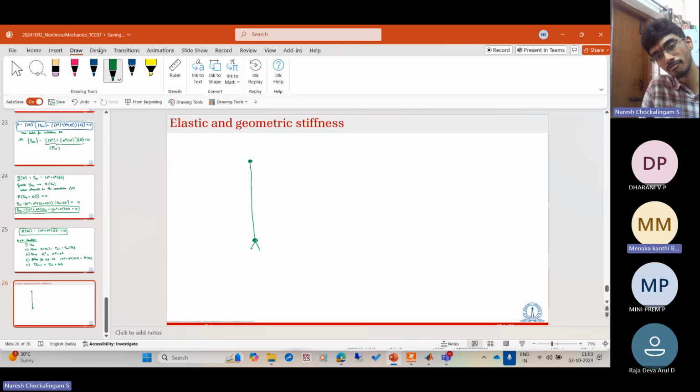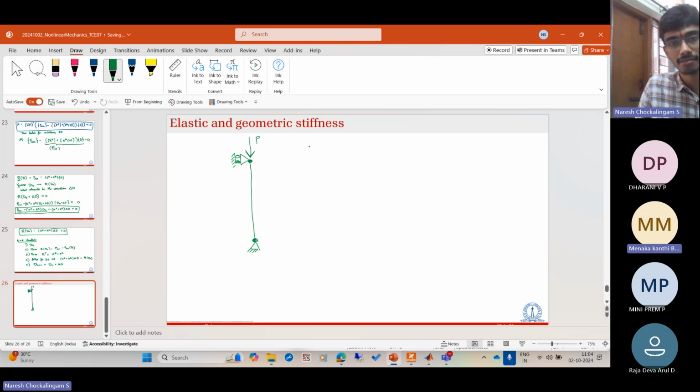So buckling involves some nonlinearity. Let us say I'm interested in the buckling response of this as the load increases. If you do a linearized buckling analysis, you will get some solution.